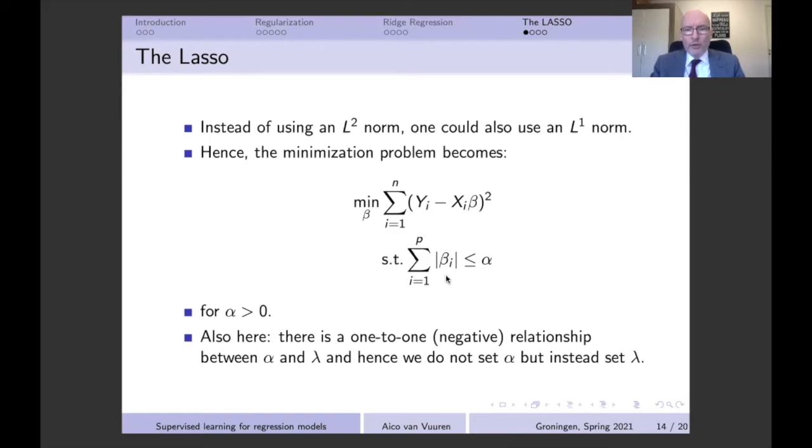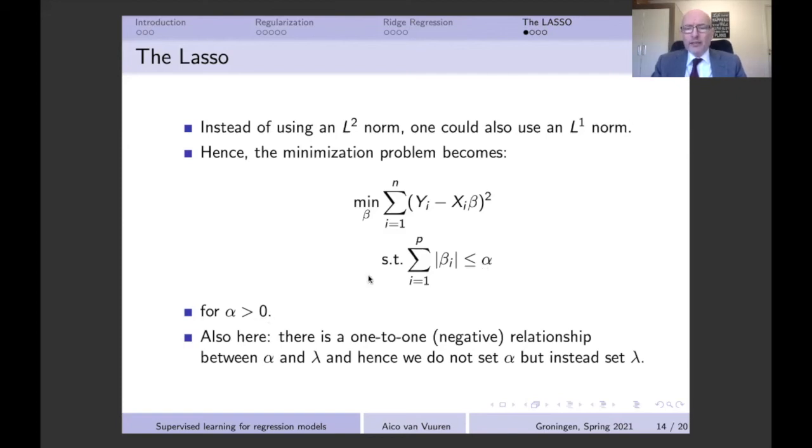What we need to do is that we are not allowed to set our betas too large, because otherwise we are not going to obey this particular restriction that we have over here. Again, we have here an alpha, and this alpha is going to be restricting this thing. Again, alpha is going to be larger than 0.